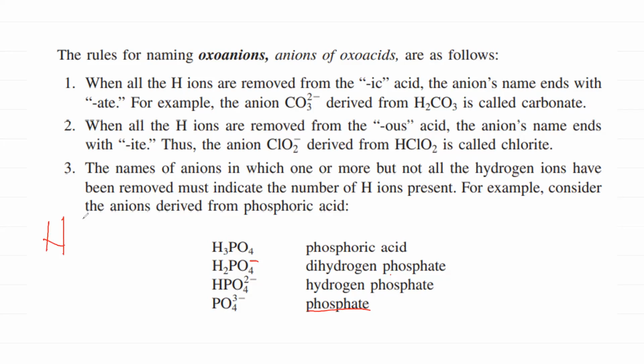So merong mga reactions talaga na ganyan, class. Either we remove the hydrogen or we add or remove the oxygen from our oxo anion. Pero this happens sa mga chemical reactions lang. Sa quizzes and sa exam, ang ipapaname ko lang sa inyo, ionic compounds, molecular compounds, simple acids, and oxo acids.